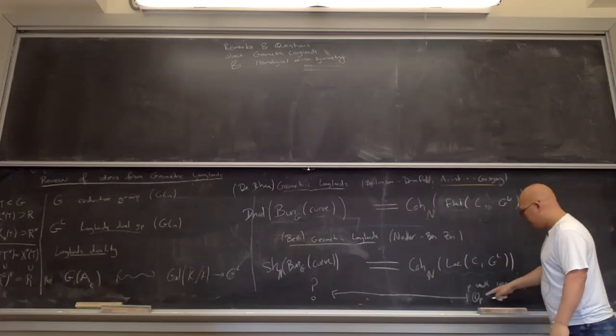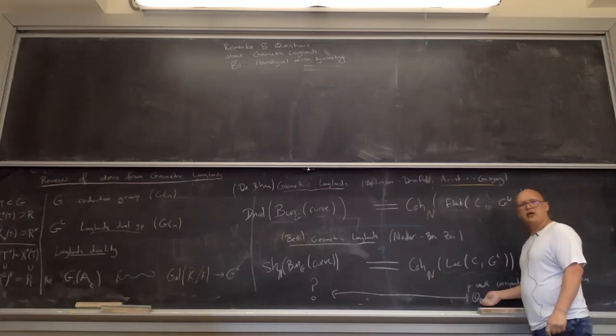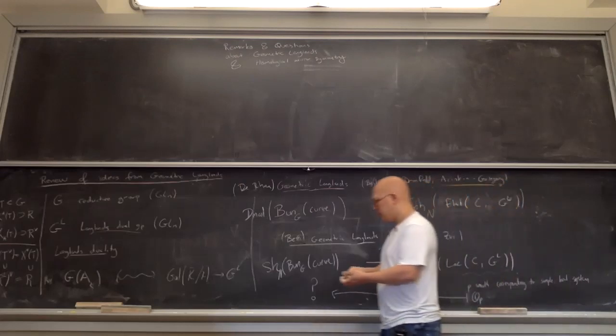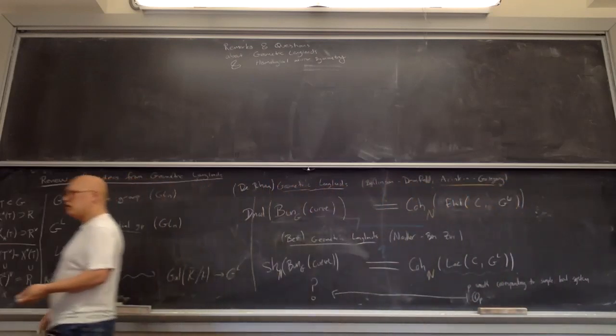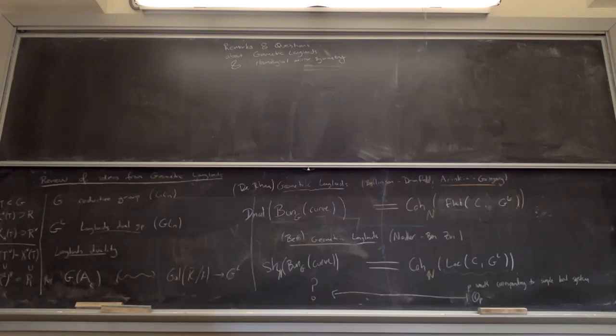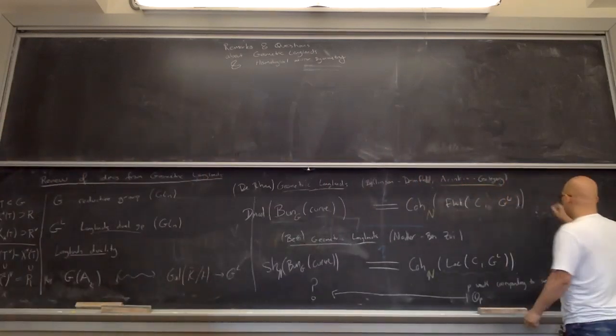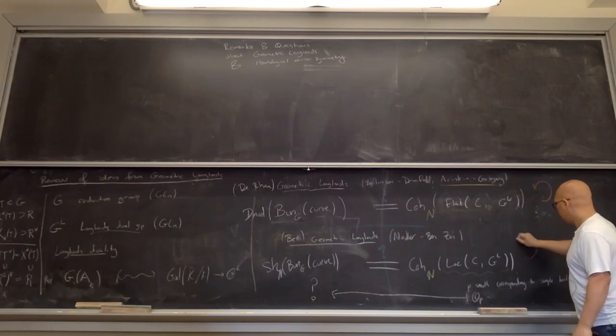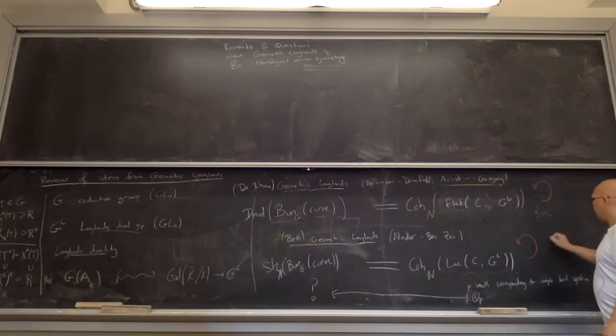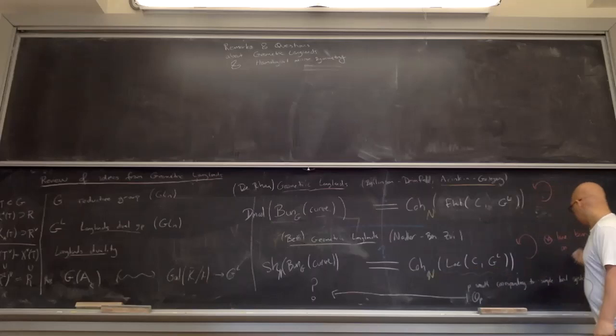So I was saying, how do people think about the question, where does this guy go? The way you think about this question is that on this side, there's this action where you can take a tensor product by line bundles, or more generally vector bundles, on this moduli space.